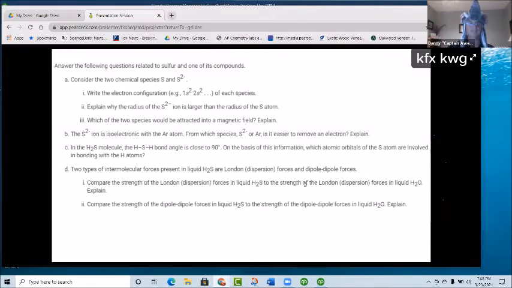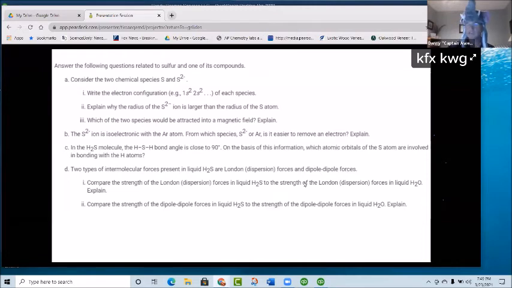H2S has London dispersion forces and dipole-dipole forces. Compare the strength of the London dispersion forces to the strength of the London dispersion forces in water. So basically, remember what I said. When you have more electrons, you have greater London dispersion forces, and that's because of a fancy word called polarizability.